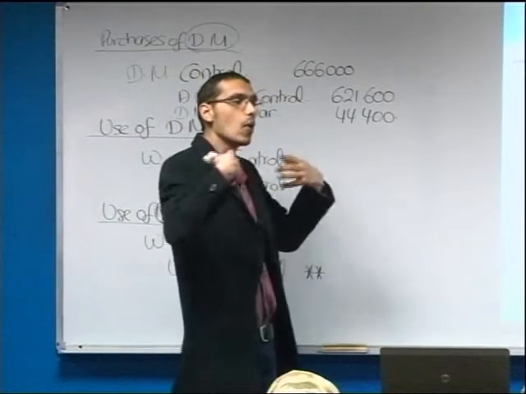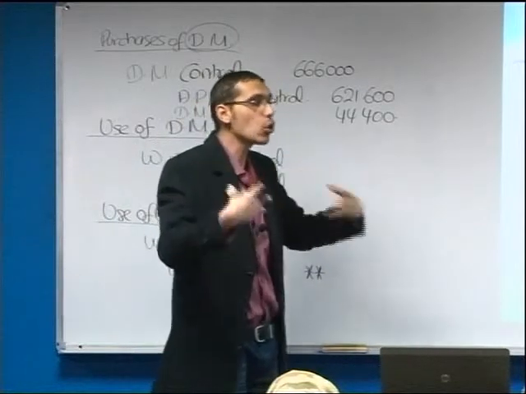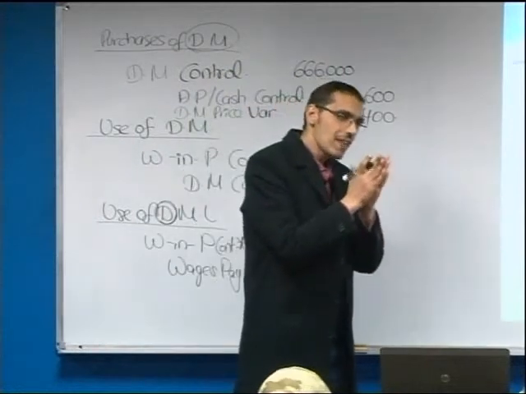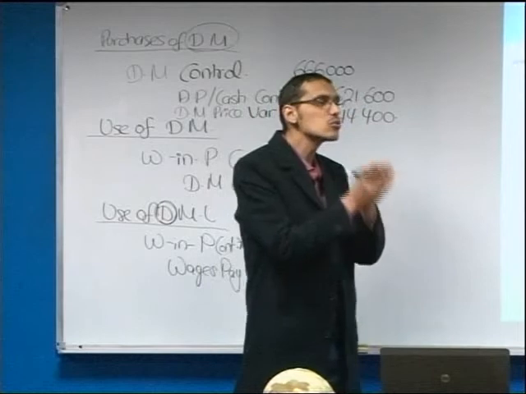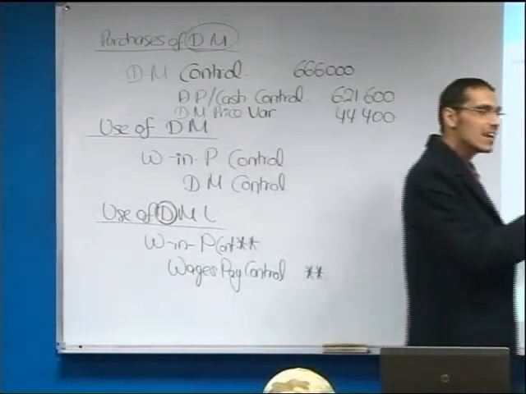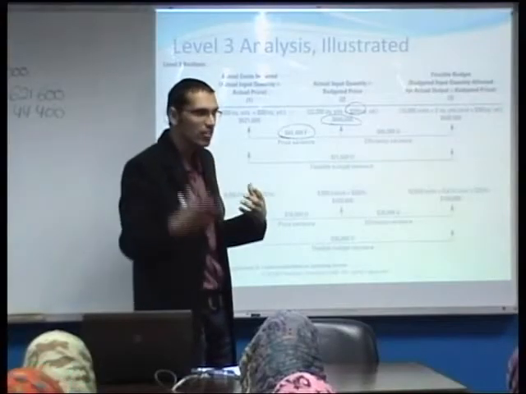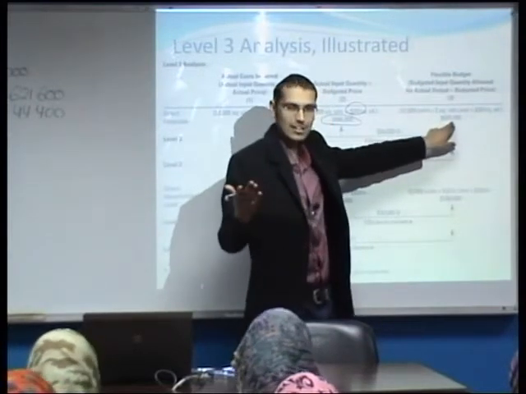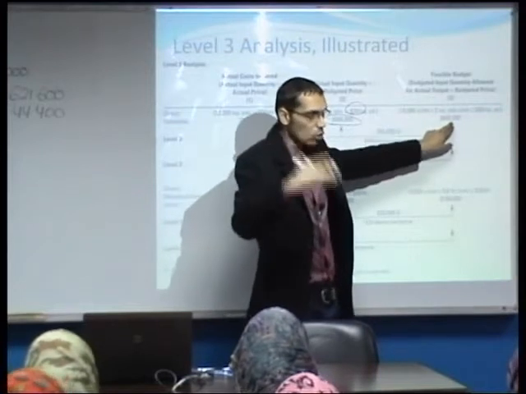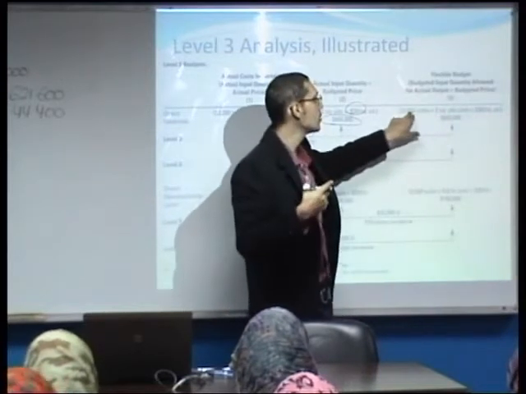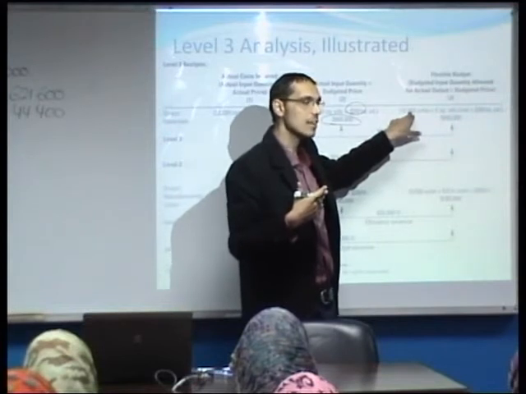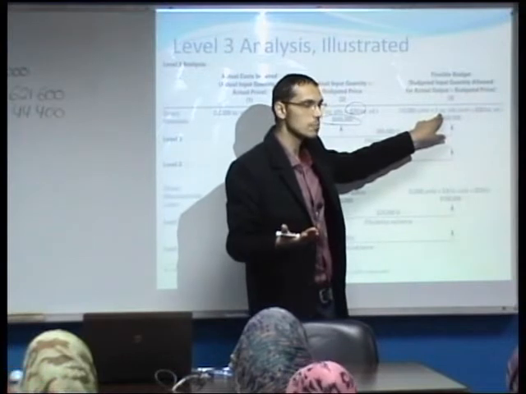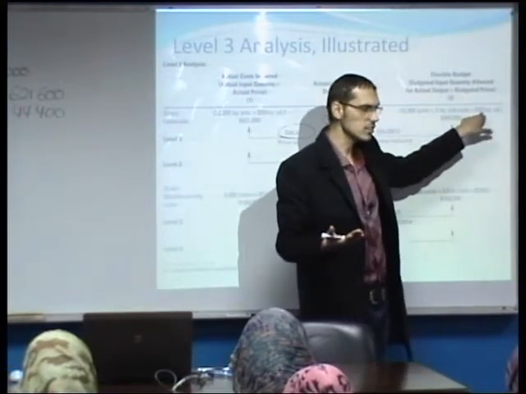Therefore, according to our budget, according to our standard, according to our expectation, the manufacturing of 10,000 units would have incurred direct material costs of $600,000. Correct? According to our expectations, the manufacture of 10,000 units would use up 2 square yards of direct materials at a cost of $30.